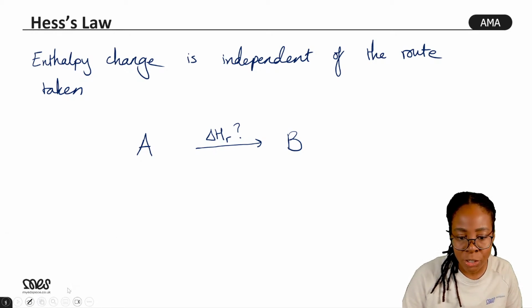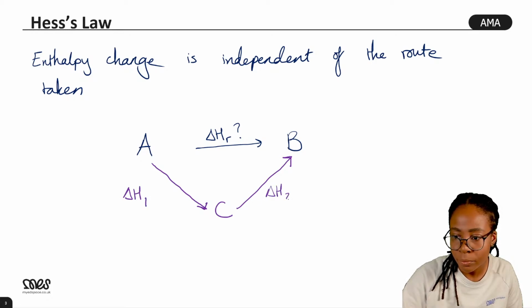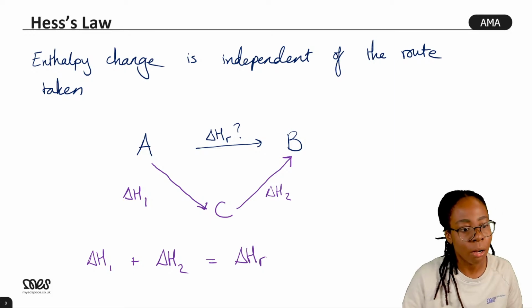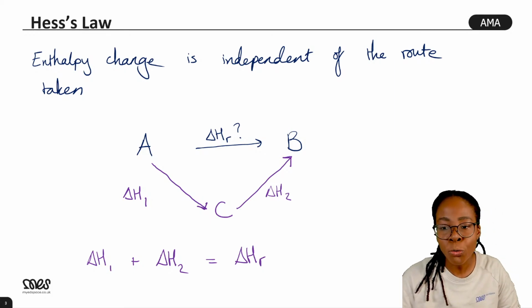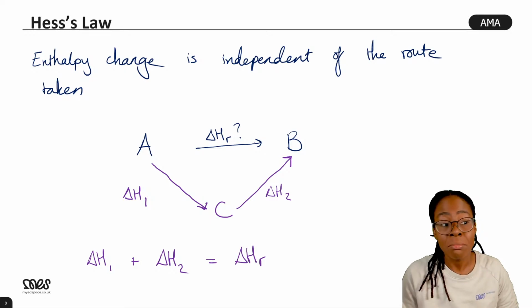So we can instead go to something that's C. So going from A to C and then from C to B would be the same. So delta H1 plus delta H2 will be the same as delta HR. So the overall enthalpy change, as long as you're starting and ending in the same place, will be the same.